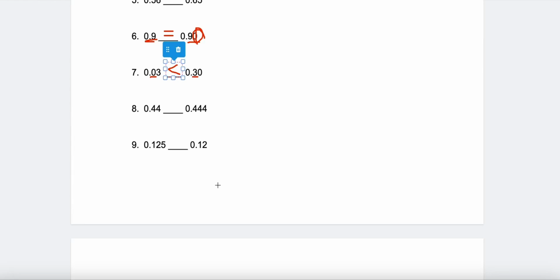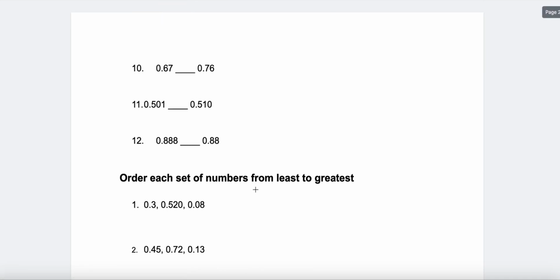So in these cases, you can add 0 at the end right here and see which one is greater, because 440 is less than 444, right? So 0.44 is less than 0.444. Over here, number 11, 0.501, 0.510.